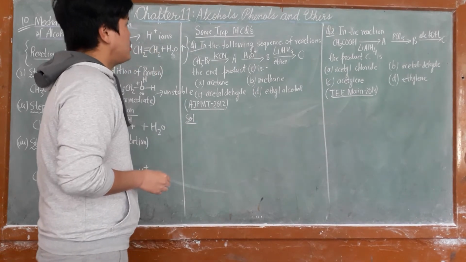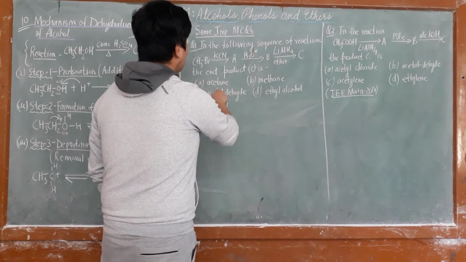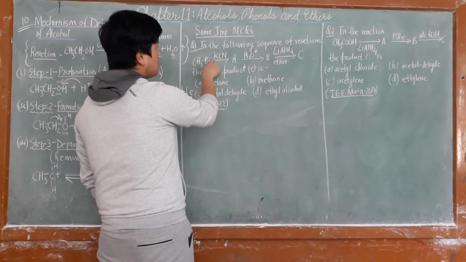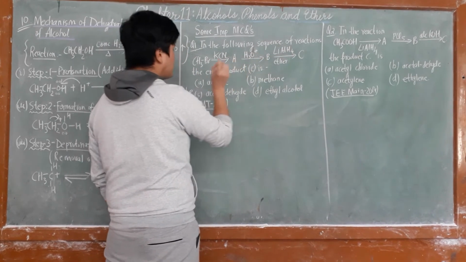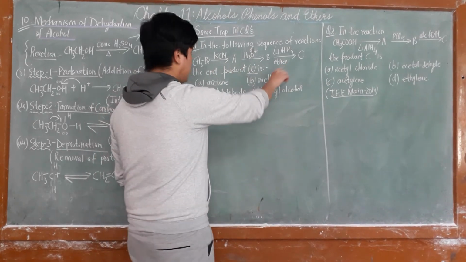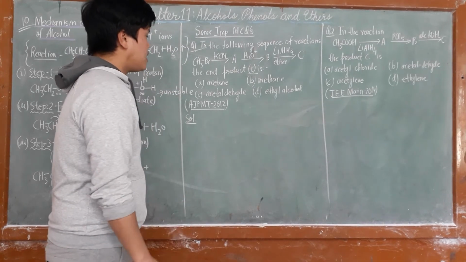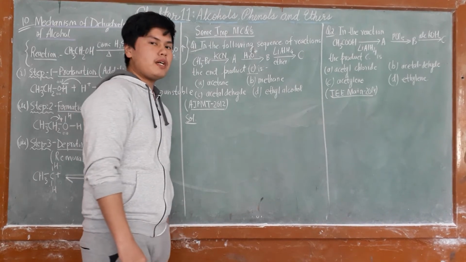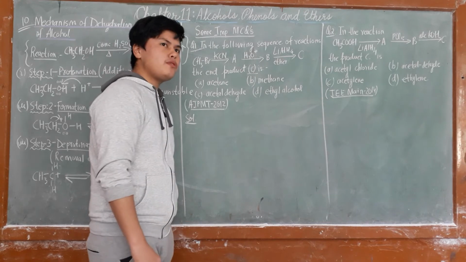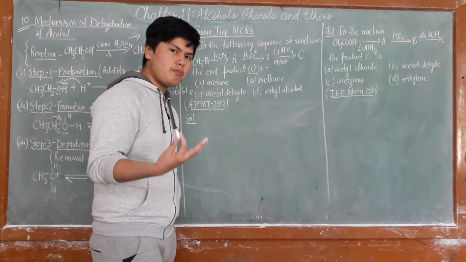Now in question number 1, it says: in the following sequence of reactions, CH3Br treated with KCN gives A, then B, then C. We have to find what the end product C is. In MCQs you don't have to waste a lot of time, because in board exams you are getting only 1 mark.